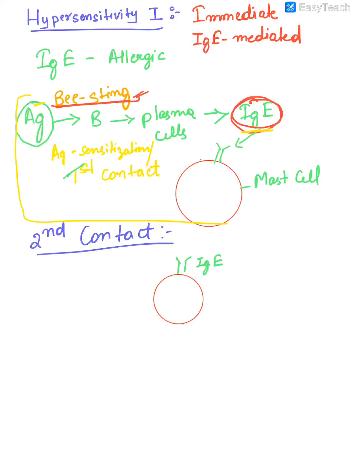Now the allergen, again the bee sting, will come and sit on the antibody. The combination of this antibody and antigen will lead to degranulation. So in degranulation, what will happen? The breaking of the mast cell.